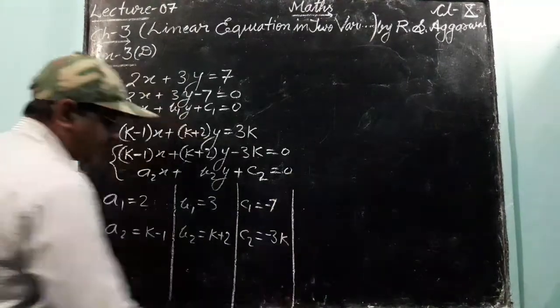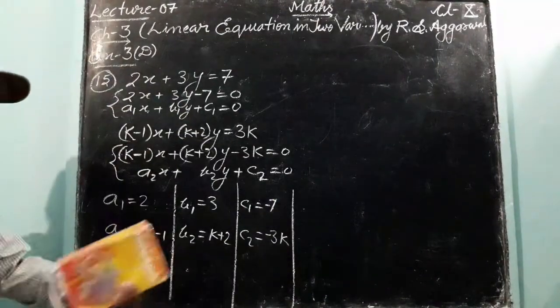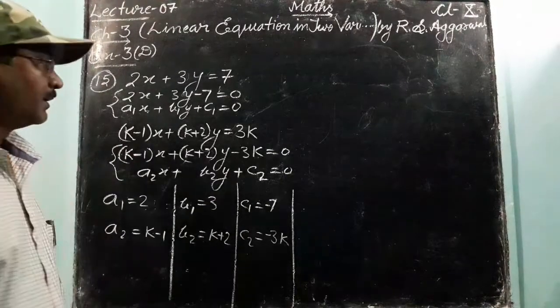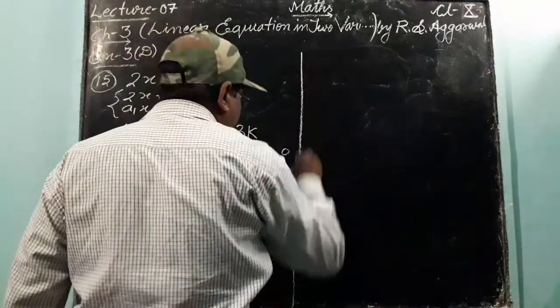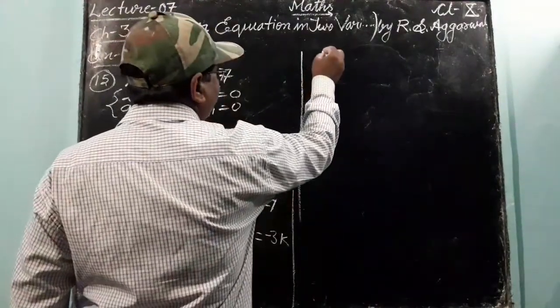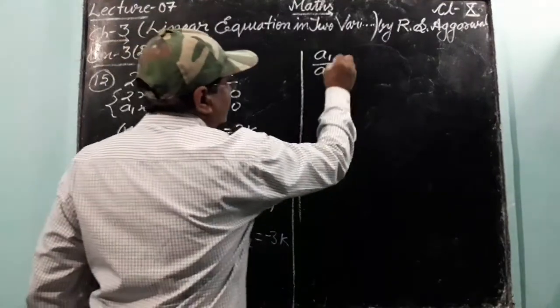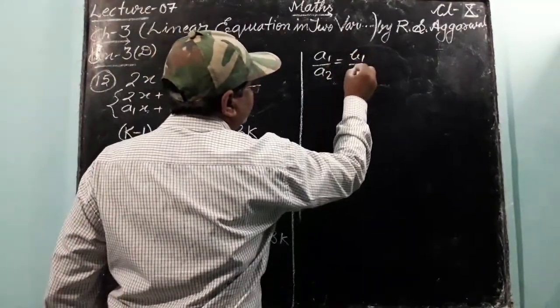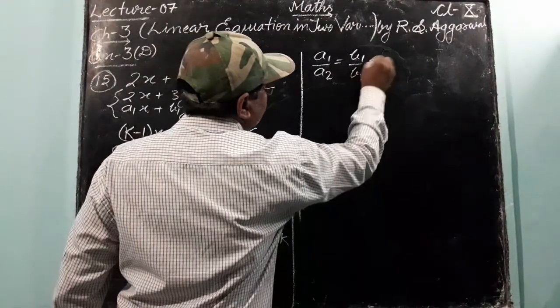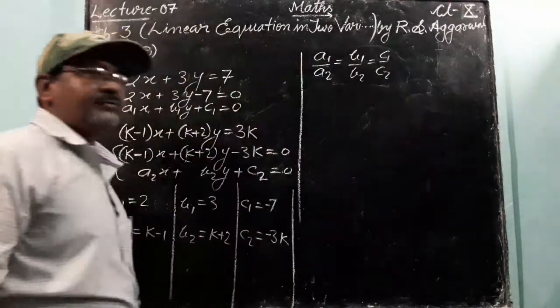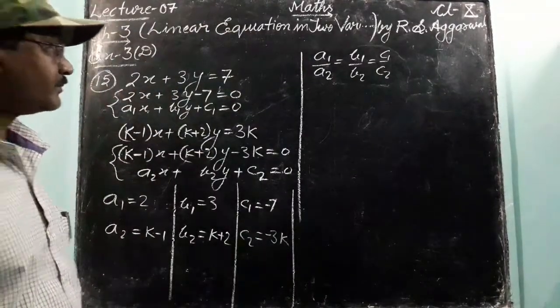Dear students, after finding this, you will use the condition for infinitely many solutions. That is a1 upon a2 is equal to b1 upon b2 is equal to c1 upon c2. That is the condition for infinitely many solutions.